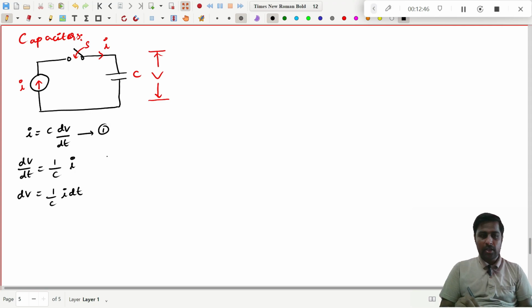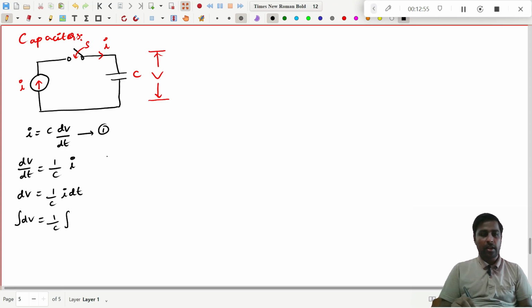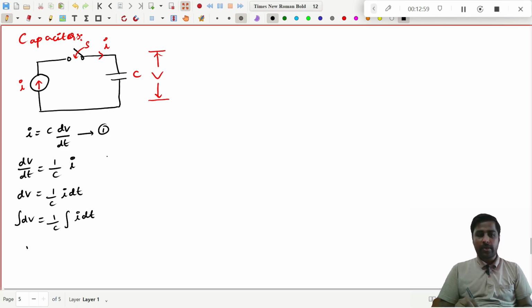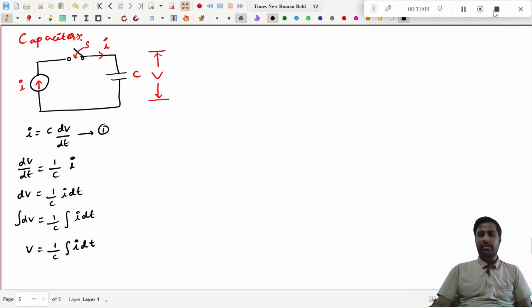If you integrate on both sides, dV integrated is equal to 1 by C integration of I into dt. So V will be equal to 1 by C integration of I dt. This is how you get the expression.